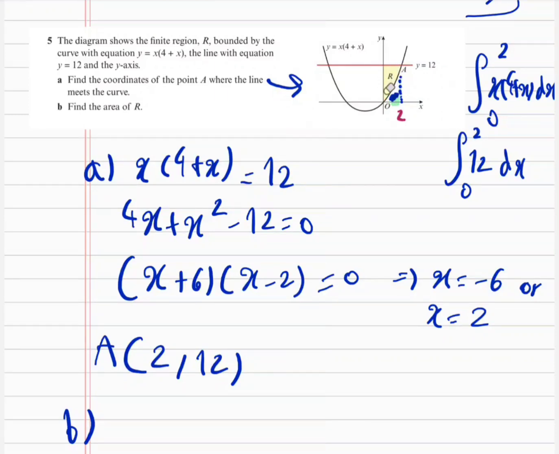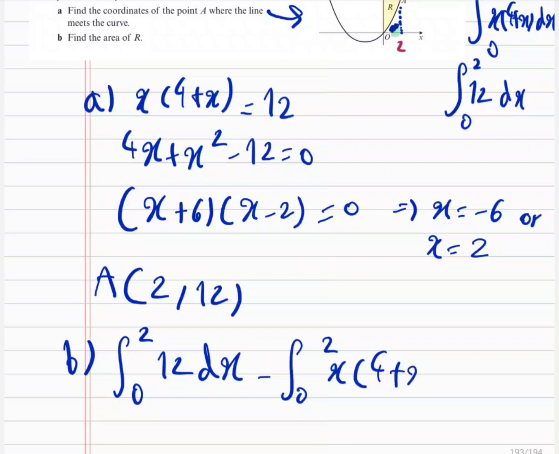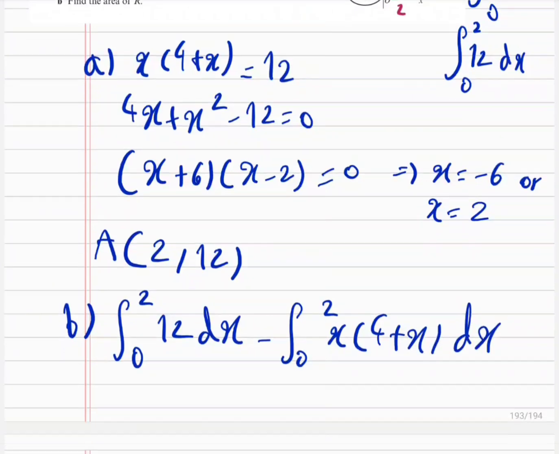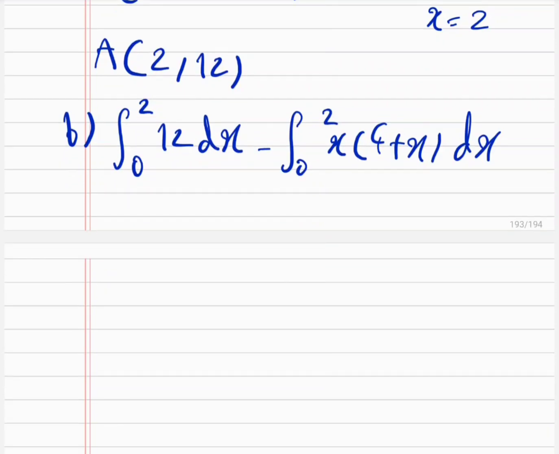Again, if you look at the diagram carefully, the curve gives you the area of here, the line gives you the total area, so we take the area that the curve gives us away from the total to get the area of the region R. So therefore it's just a simple integral of 12 dx minus x times (4 plus x), but as we have discussed before, since the limits are the same and we are both integrating with respect to x, we can combine the integrals.